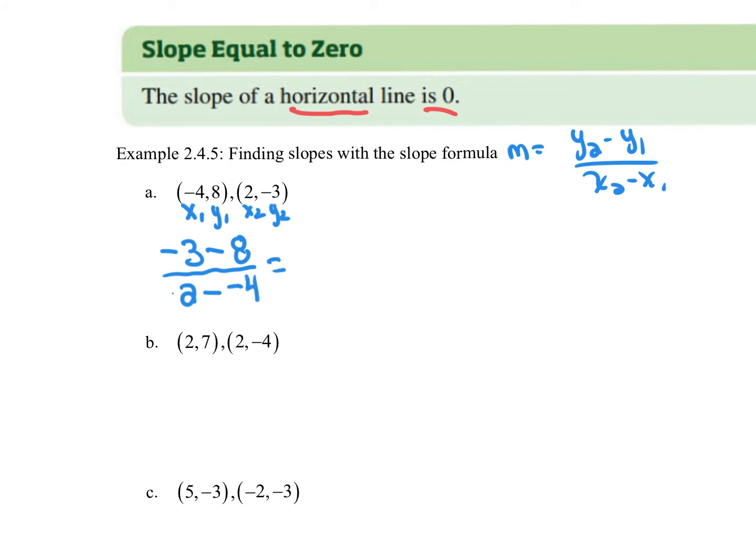You'll notice that I didn't change any signs or take care of anything yet. I literally just plugged the numbers in. So on top, negative 3 minus 8 is negative 11. And on bottom, a minus makes a plus. So 2 plus 4 is 6. That doesn't reduce. 11 is a prime number. So that is my final answer.